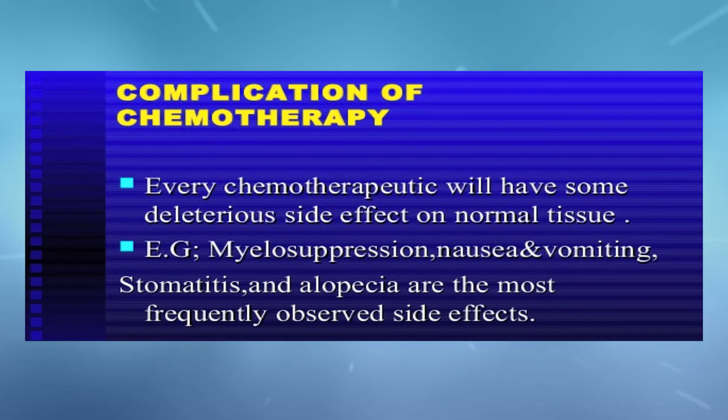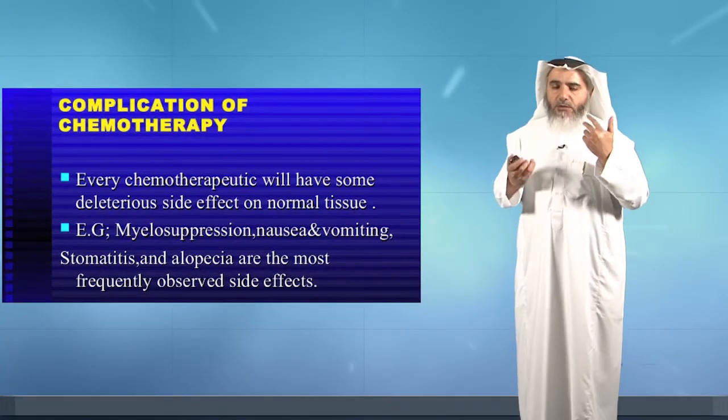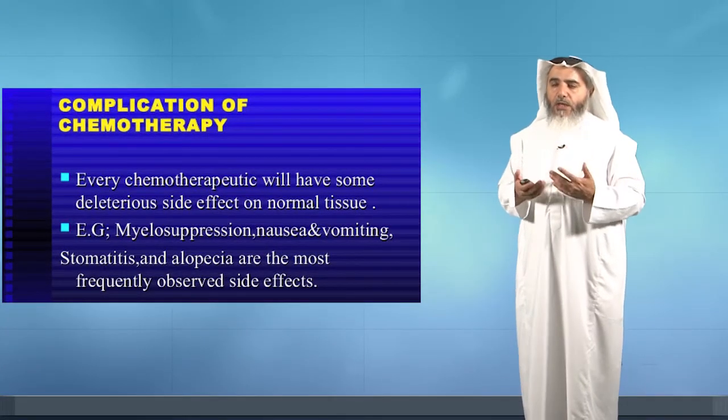Complication of chemotherapy: different chemotherapeutic agents work at different sites, working on different organs. So you will notice a wide spectrum of complications from top to toe. If you think about it, you start from alopecia, conjunctivitis, mucositis, and so on.